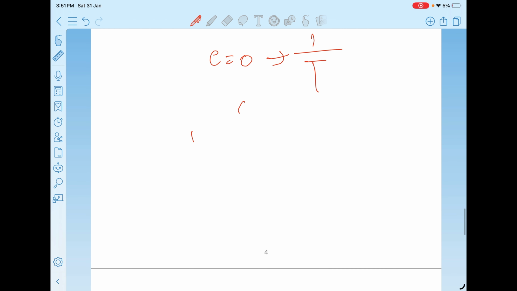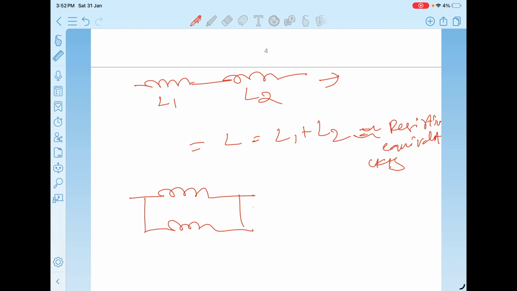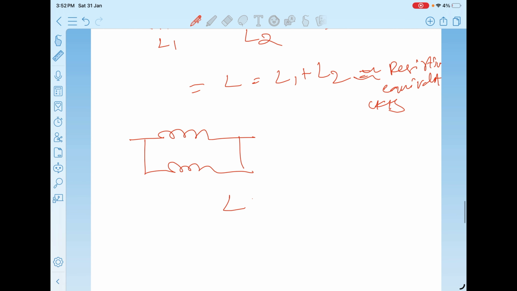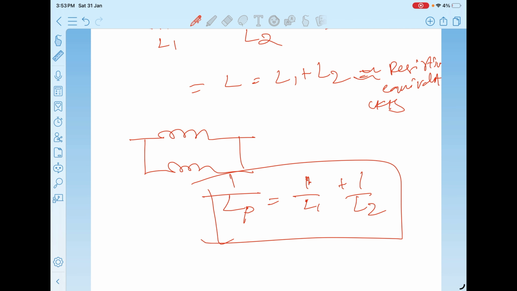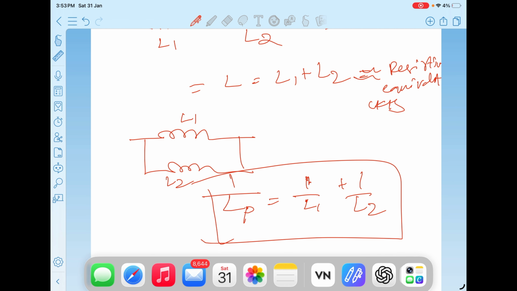This is similar to your resistive equivalent circuits. If the same inductors are connected in parallel, the total equivalent inductance will follow the parallel combination of resistors: 1/Lp = 1/L1 + 1/L2. So this is the important application of inductance when connected in parallel.